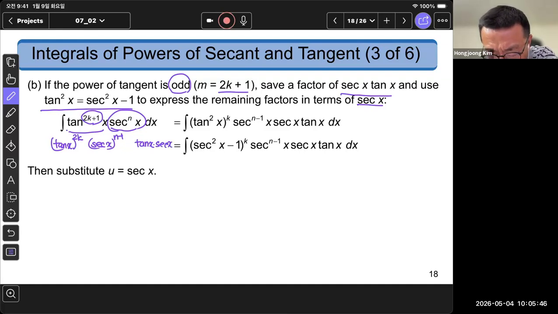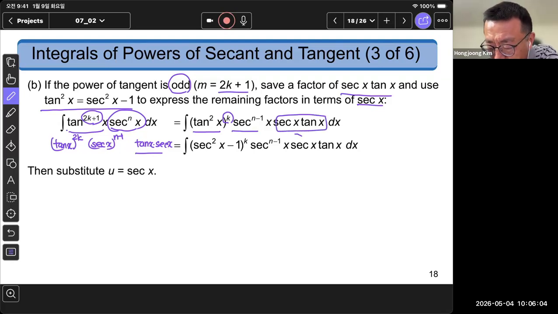Then you get tangent x to the 2k. That means tangent x squared to the kth power multiplied by secant x to the m minus 1 times tangent x secant x.